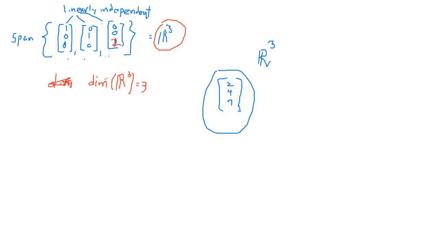Would those three vectors, 1, 0, 0, 0, 1, 0, and 0, 0, 2, be a basis for R3? They would, absolutely. So a basis is not unique. They're still linearly independent, and they still span R3.